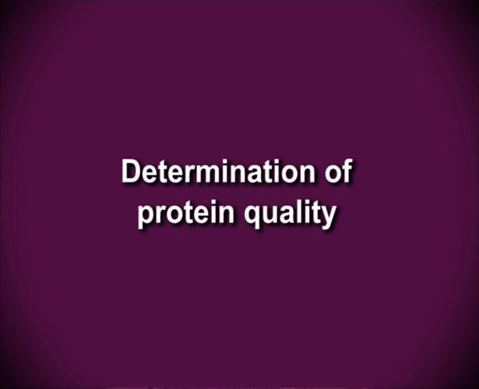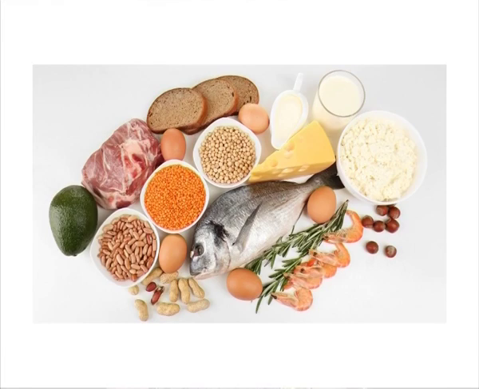The next is determination of protein quality. Food proteins are composed of both essential and non-essential amino acids. Quality of protein is affected by the amino acid content, amino acid imbalance, interference of non-available carbohydrates and trypsin inhibitors, and the influence of heating and processing.